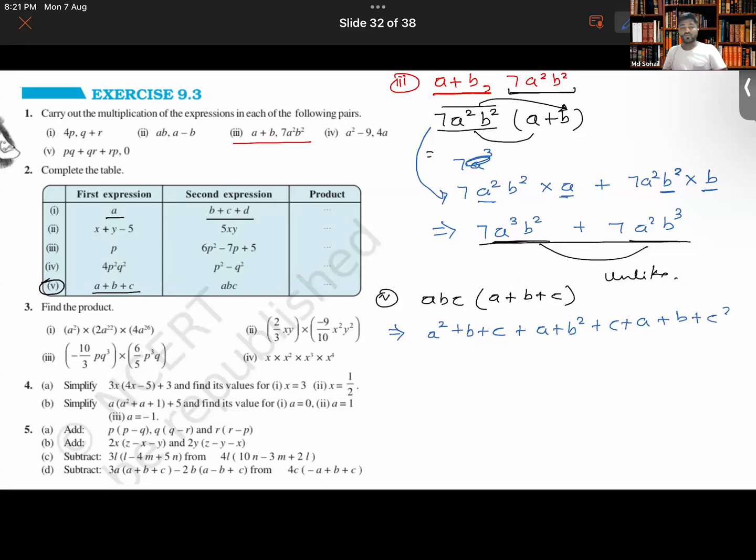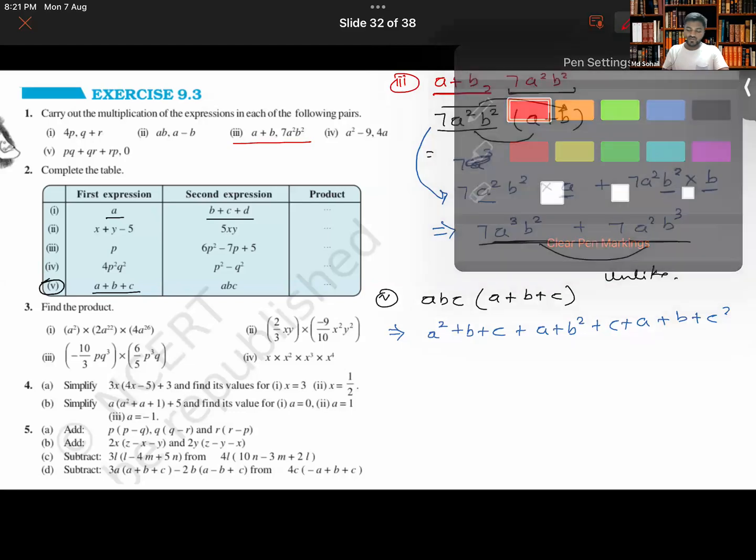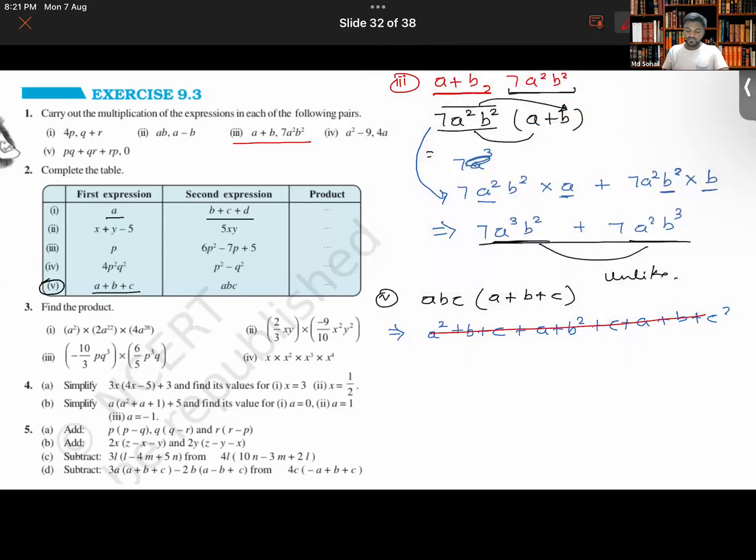That is incorrect here. I will explain why. Arhan, did you get the answer? No, sir. Okay, shall I explain this one? Or are you still solving it? Okay, look here.